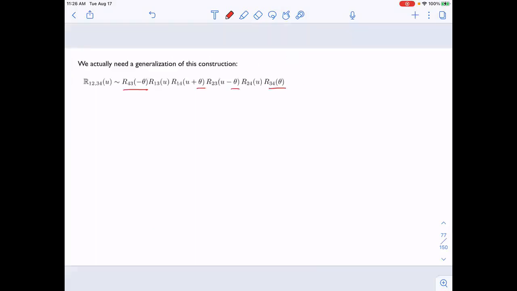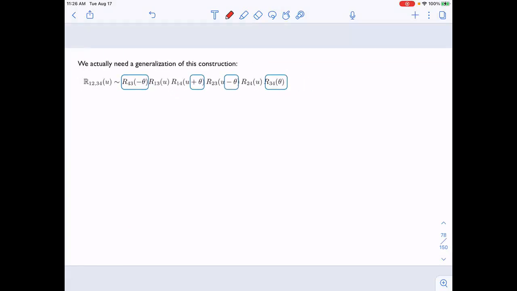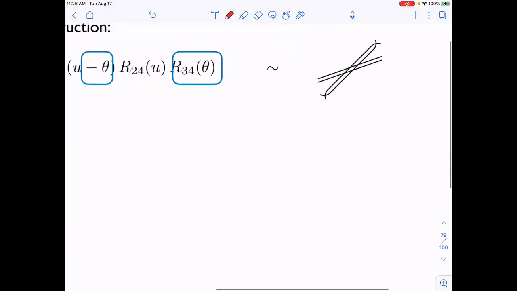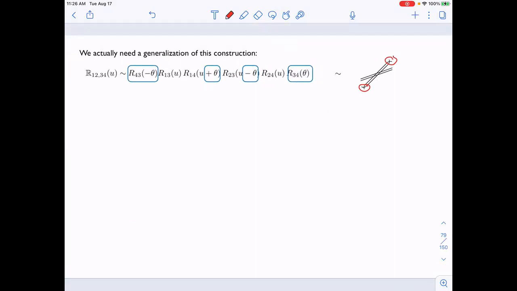So this is actually closer to what we need. The way I'll denote this graphically is by putting in these extra gadgets here at the end, which correspond to these R34s.